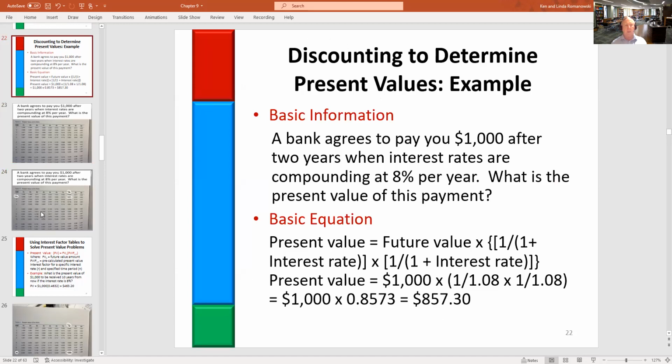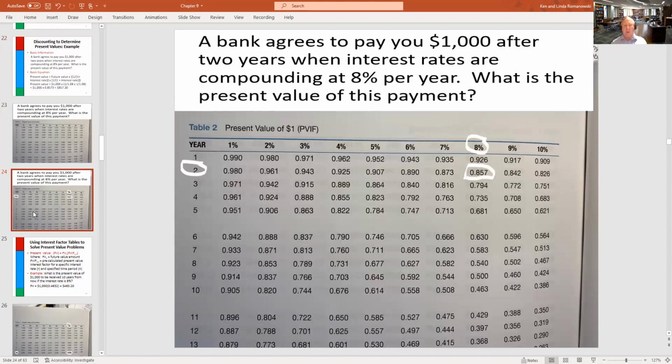Now, in our example that we mentioned, it comes to $857.30. Well, that 30 cents occurs because with the chart that we've used, they have rounded it to 3 digits. If you rounded it, say, to 4 digits, these factors could very well include that 30 cents.